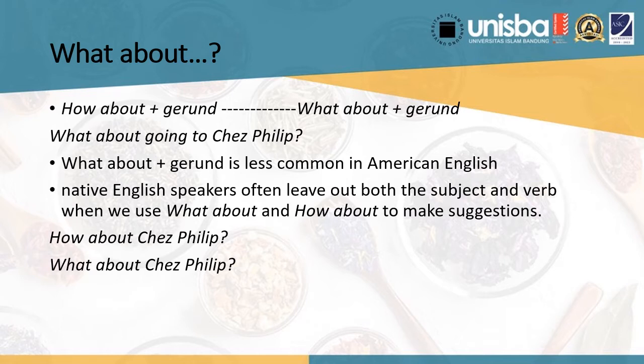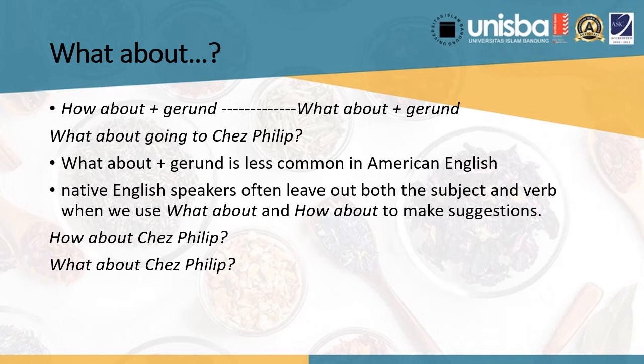It has the same function. So for example, what about going to Chez Philip? However, what about plus gerund is less common in American English than in other types of English.